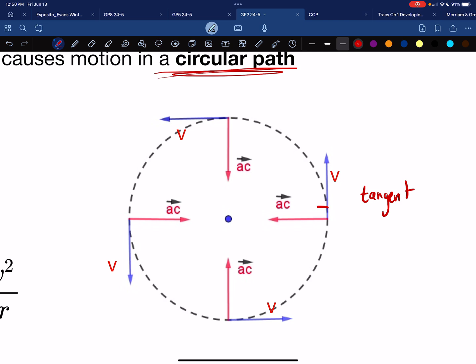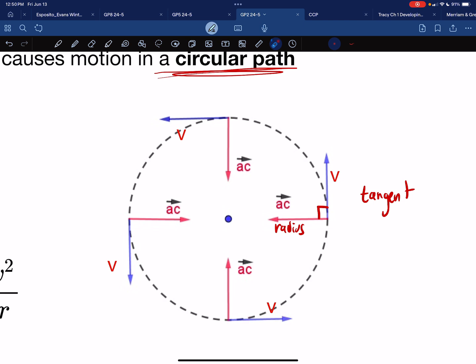And a tangent by definition is perpendicular to a radius. That is the direction at any instant in time. So when we come up to the top here, you can see that the direction of the velocity has changed to the left. And by the time we come over here to 9 o'clock, we can see the velocity is downward. And by the time we get down here to 6 o'clock, it is moving to the right.